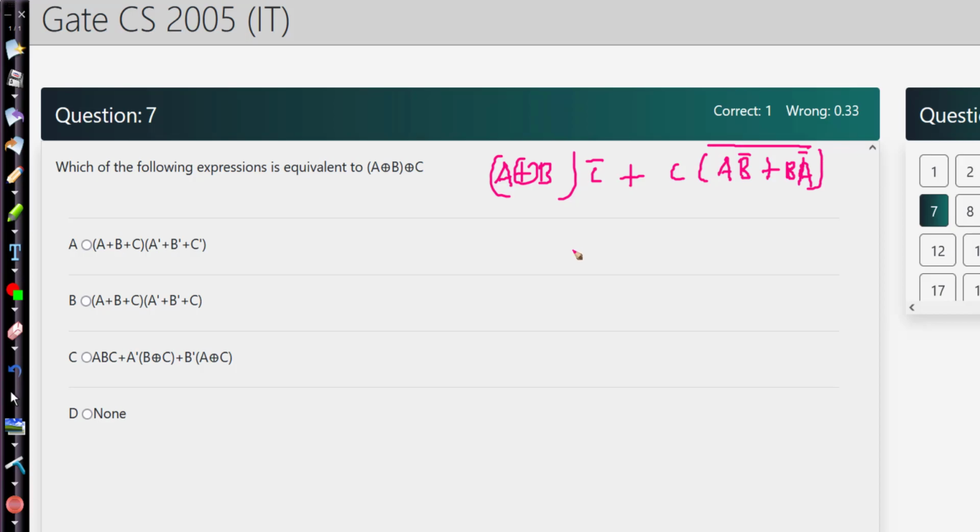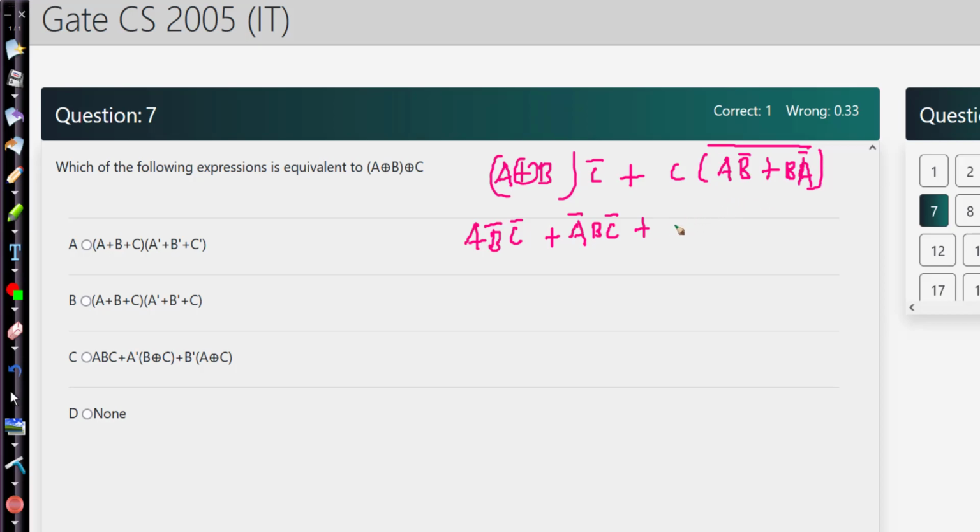Yeah, so this is what it boils down to. Now here also we have A XOR B, so this would be A B complement C complement plus A complement B C complement plus this thing.